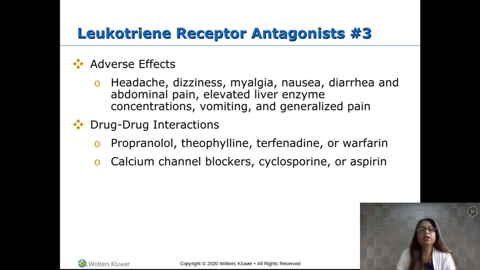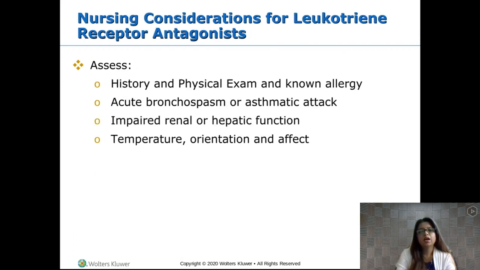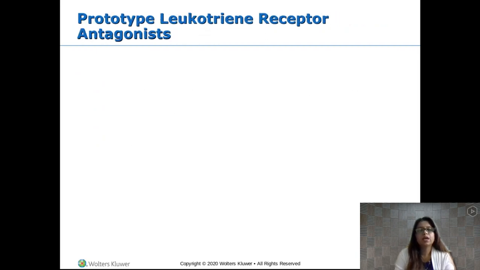Drug-to-drug interactions could be propranolol, theophylline, terfenadine, warfarin, calcium channel blockers, cyclosporine, and aspirin. With all medications, remember a history, physical, and allergy check, a baseline renal function check, their lungs and orientation status, and baseline vital signs.